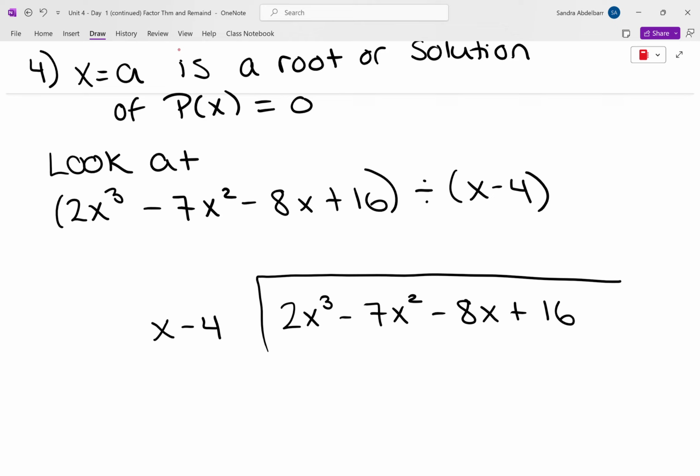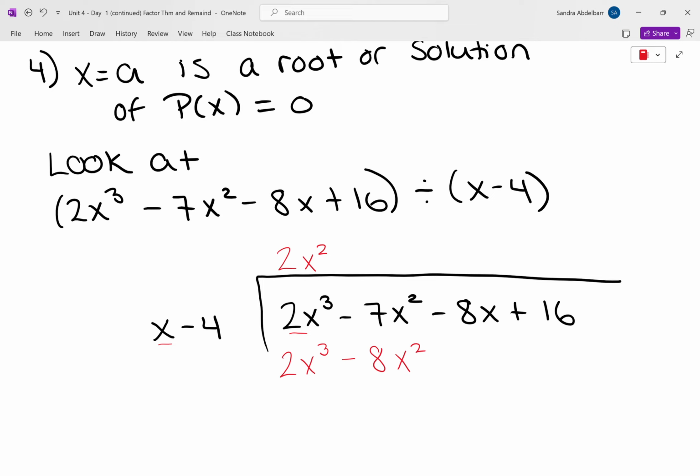So we ask ourselves, looking at the first terms, x times what will give me 2x cubed? 2x squared. Now you take that and distribute it into the divisor on the outside. 2x squared times x is 2x cubed. 2x squared times negative 4 is a negative 8x squared.